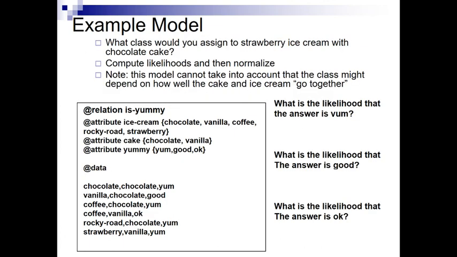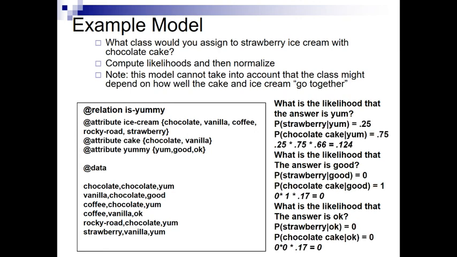Okay, so let's say we wanted to do this for strawberry ice cream and chocolate cake. What we would do is compute our two conditional probabilities. There are going to be 2 for each one of our class values, because we've got a value for the ice cream and a value for the cake. You can just work through it on your own.